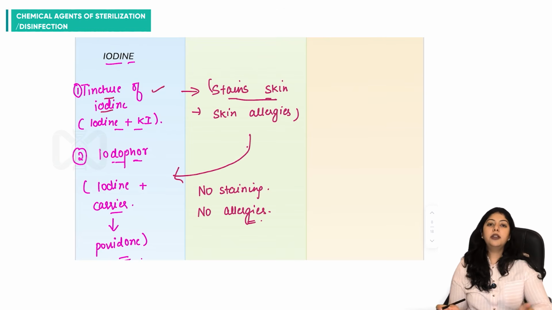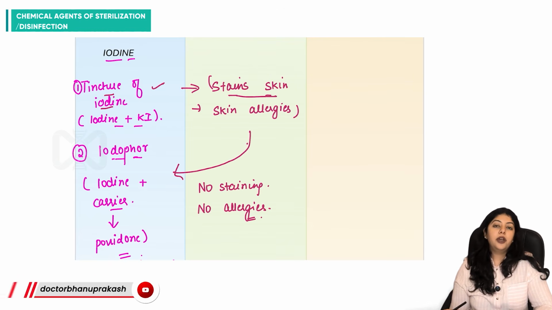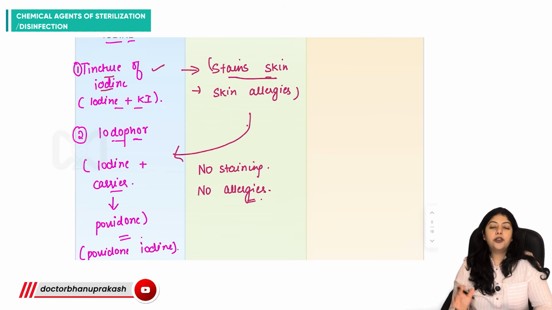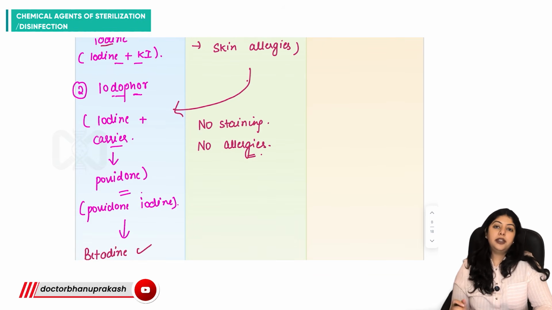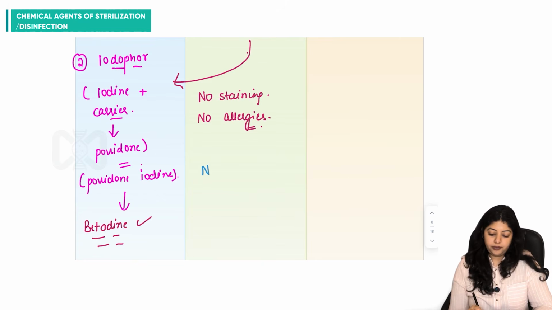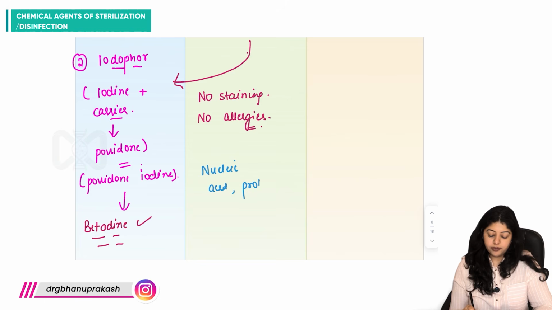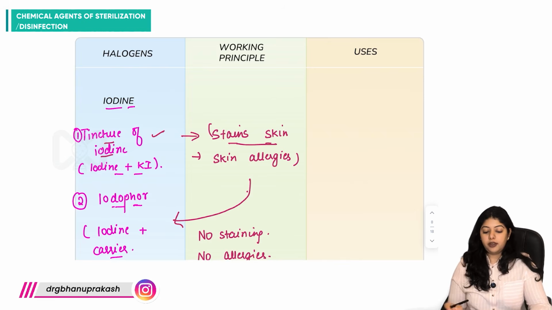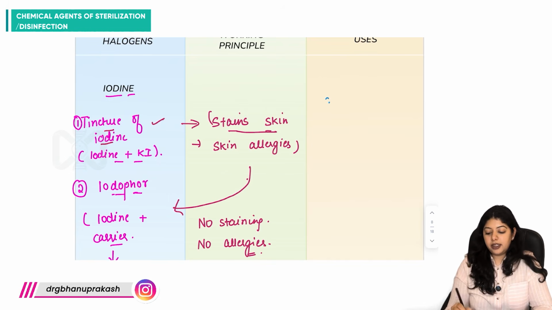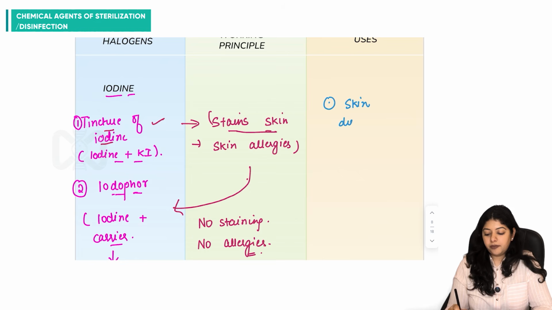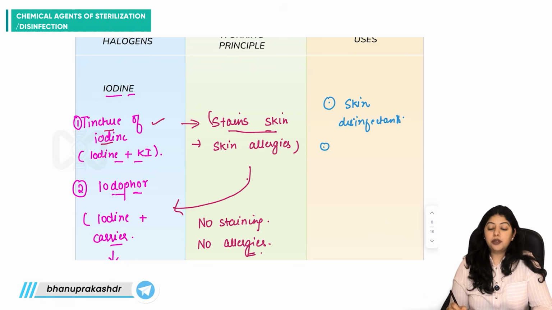So the major principle remains the same, that they are going to disrupt the cell components, they are going to dissolve the lipids, they are going to disrupt the nucleic acid and the proteins. And iodine, we have already discussed that these can be used as disinfectants. They can be used as mouthwashes.